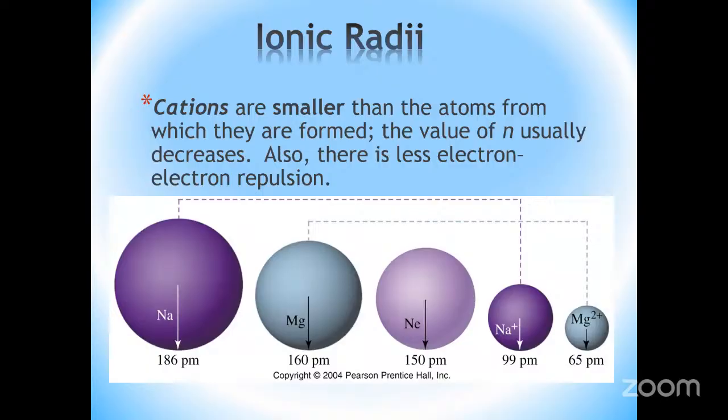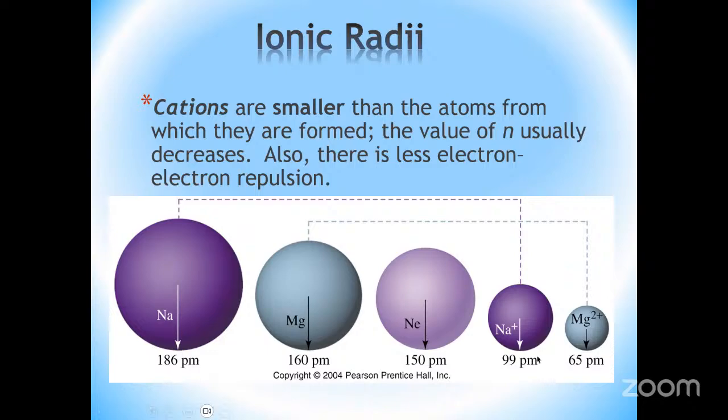Now we know that cations are formed as a result of an atom losing electrons. So basically, when an atom loses an electron, there will be less repulsion between the remaining electrons, and those electrons will be pulled closer to the nucleus. So what you'll find is that cations would be smaller in size compared to the atoms from which they're formed.